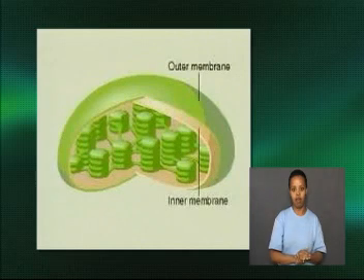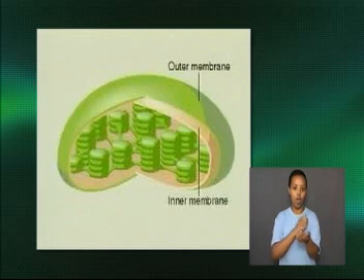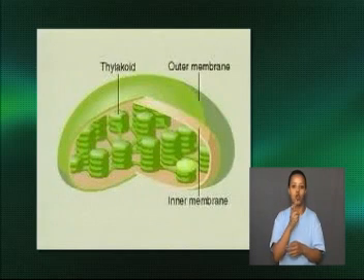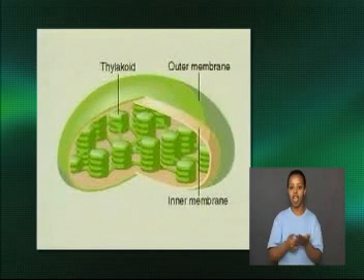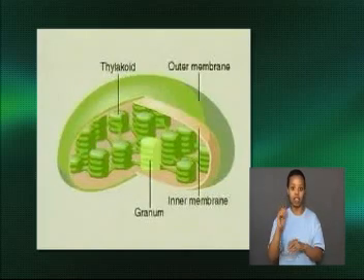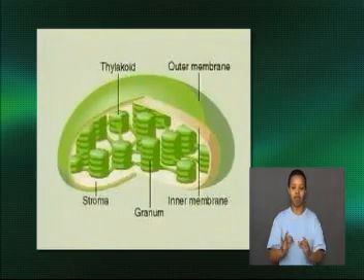When this happens, the energy is considered to be chemical energy. When energy is changed from one form to another, it has been transduced. The transduction of energy takes place in a series of light-dependent reactions.